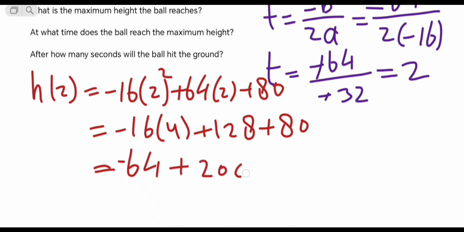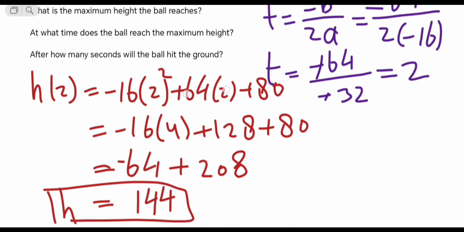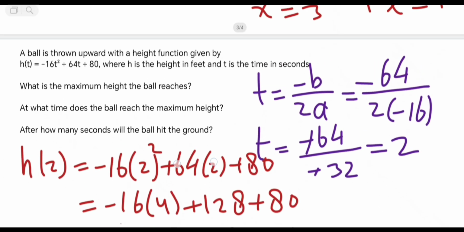So 128 plus 80 is 208. Now 208 minus 64 equals 144. So this is the maximum height, 144.